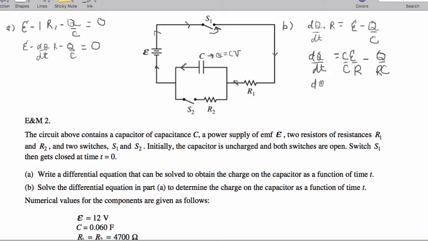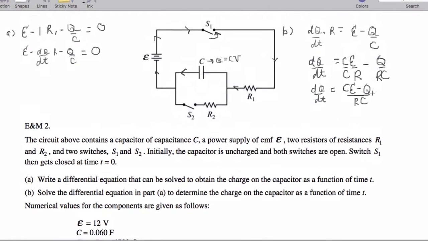So I'm going to get that dQ/dt equals CE minus Q over RC. Finally, we are ready for separation of variables.